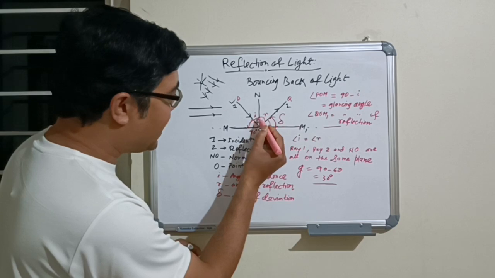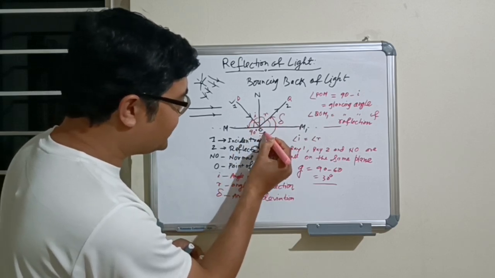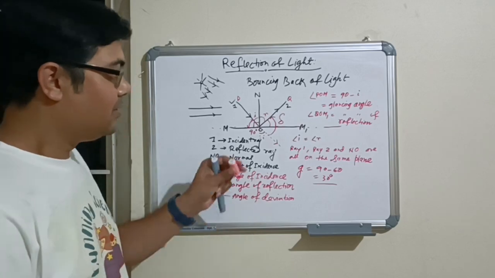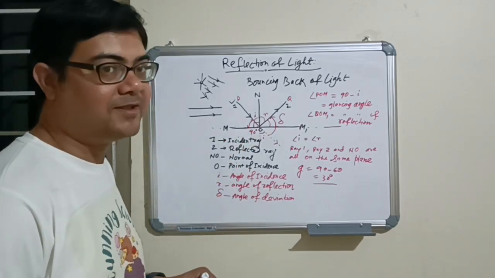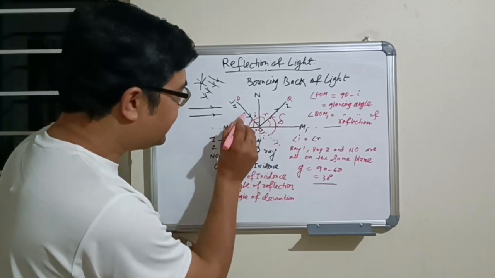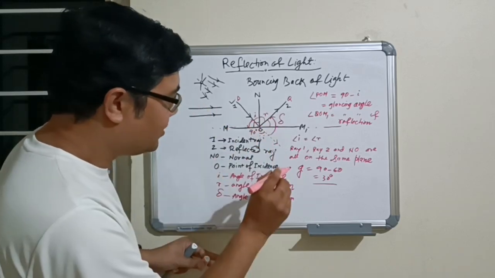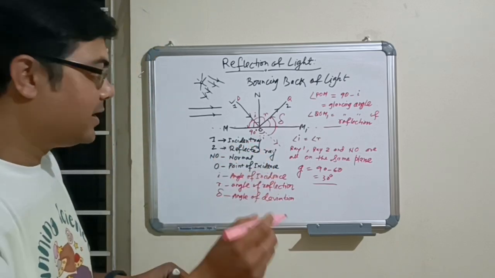So it is I. Obviously this is also normal. These two angles are equal from the concept of geometry, because this is perpendicular and this line is just falling obliquely, right?